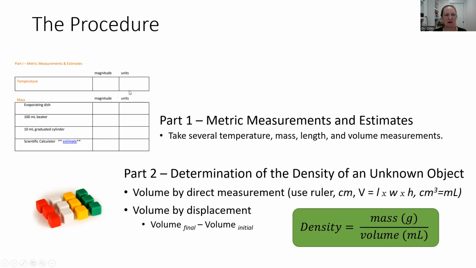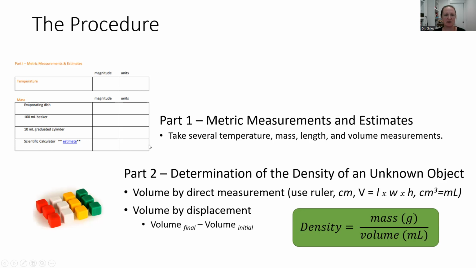And for temperature, the units you should be measuring in are degrees Celsius. So this is the number, no need to include plus or minus, and then this is where your units go, right? And then your estimate on the last one.